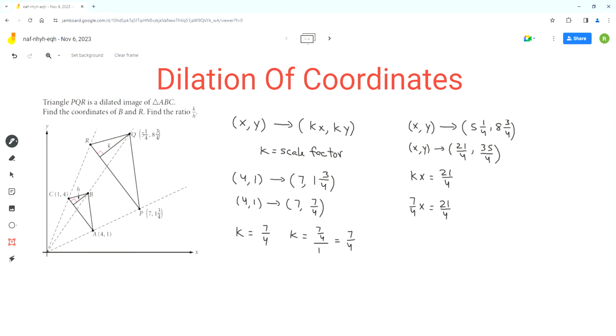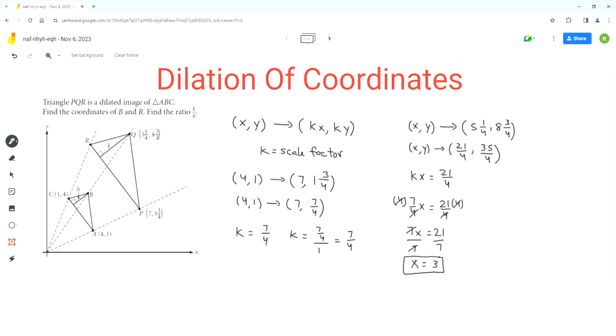First we can get rid of the 4's on both sides by multiplying both sides by 4, so the 4's cancel each other out. We get 7x equals 21, and now we divide both sides by 7 to isolate x. So x equals 21 divided by 7, which is 3. This is the x coordinate of point B.